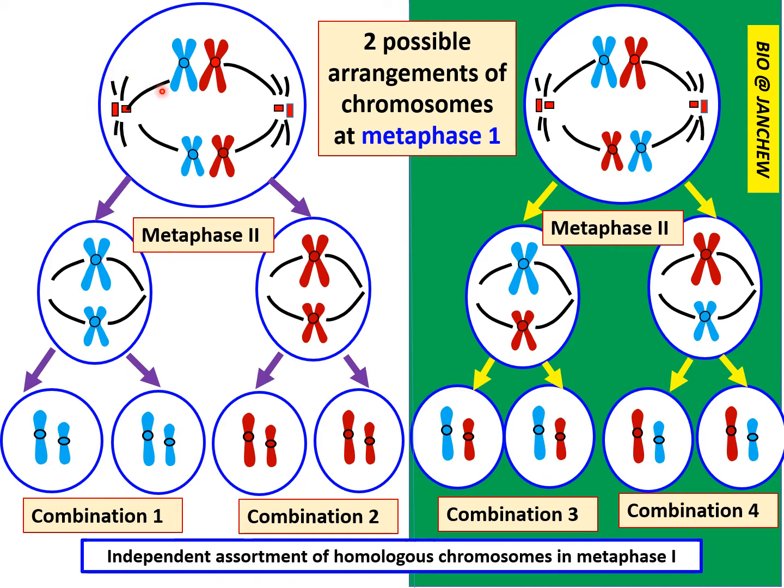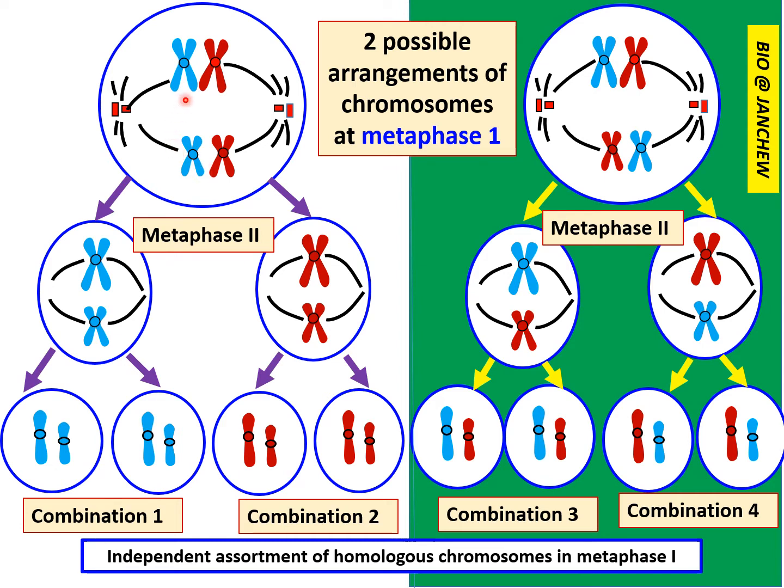So in this cell there are 2 pairs of homologous chromosomes. 2n equals 4. So there are 2 pairs of homologous chromosomes, and in each pair there is a maternal chromosome represented by the blue chromosome and a paternal chromosome represented by the red chromosomes. Okay, then the 2 types of chromosome, the long chromosome and the short chromosome, are different from each other.